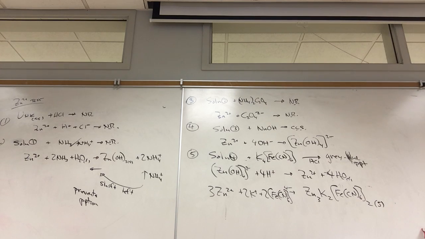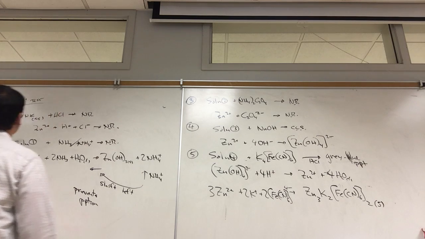All right, after the zinc, what ion are we going to look for? Magnesium and nickel. Okay, which one comes first, magnesium or nickel? Nickel? Okay, let's take a look at nickel. Next.